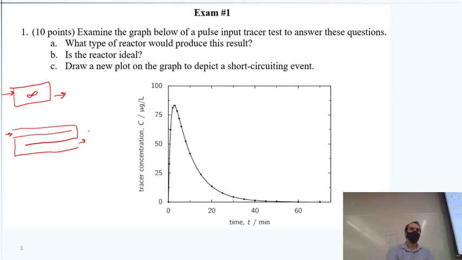And if you consider what a tracer test would do if you put a pulse into it, and you're measuring continuously on the output, so you're measuring here or here, and you put in a pulse, if it's ideal, then when you put a pulse in here, it's immediately going to be mixed throughout the whole thing, right? If you put a pulse in here, it's immediately going to be mixed within this plug, and then that plug will travel all the way through and come out.